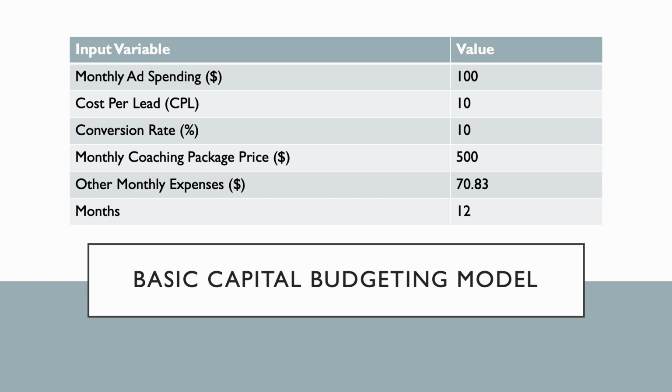So our monthly ad spending, which was $100, our CPL as 10, conversion rate percent 10, monthly coaching package price at $500, and our other monthly expenses, which I took the yearly and broke that down into a monthly expense of $70.83. And here we are doing this for 12 months for a year.